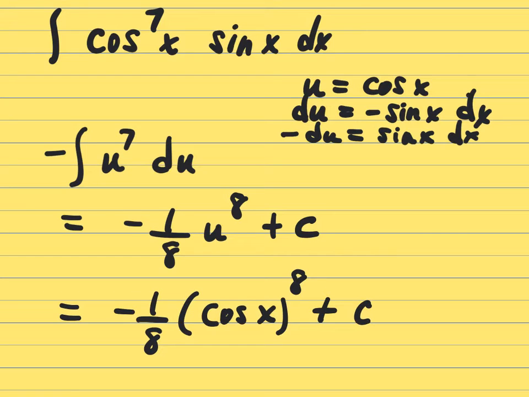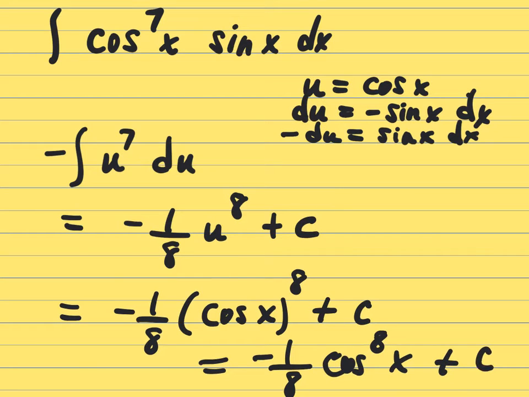Okay, now with trig functions and powers, you can either write that 8 directly above and in between cosine and x, or you can do it outside the parentheses. Here would be the alternate way, and it's just as correct. It's totally up to you which way you write it. Either one's just as good as the other.